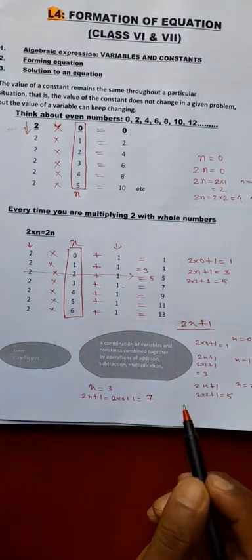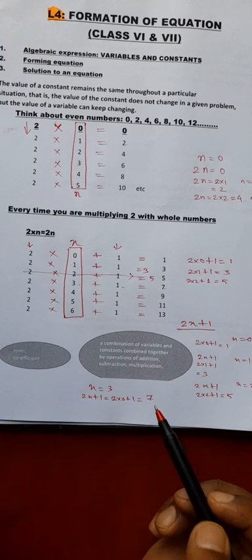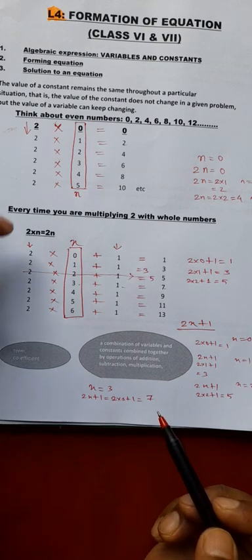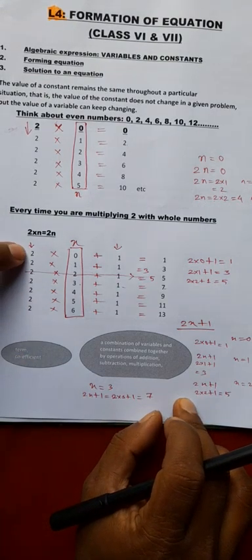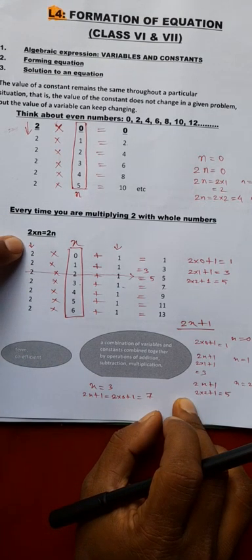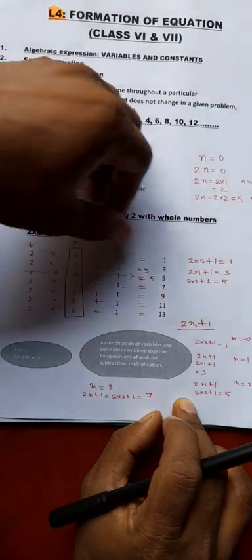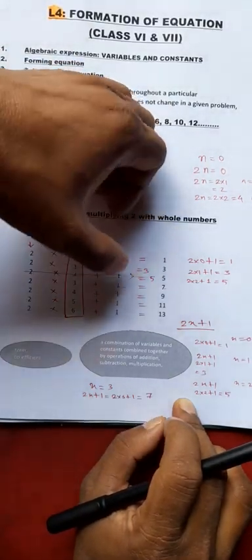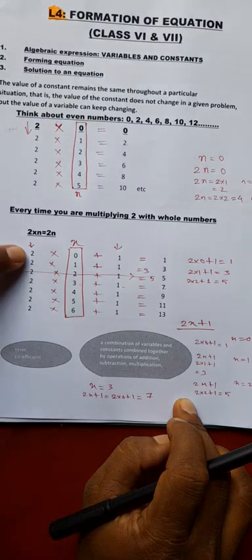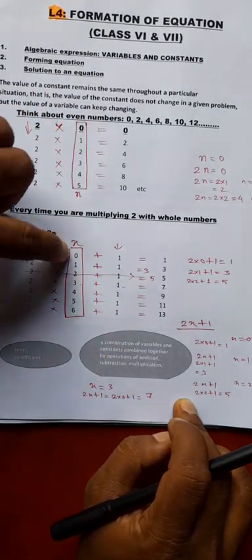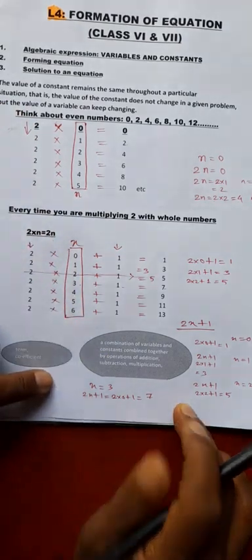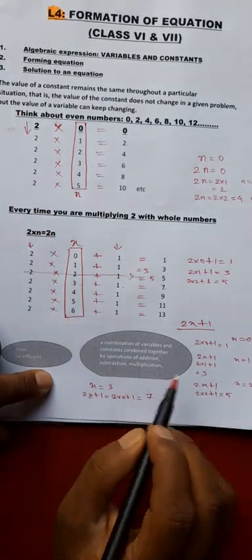So what we understood is that a constant is a term which remains the same throughout a mathematical operation. Every time we are considering 2, then again considering 1 to obtain an odd number. We cannot change these numbers to obtain an odd number. We are only changing the second term, that is x.